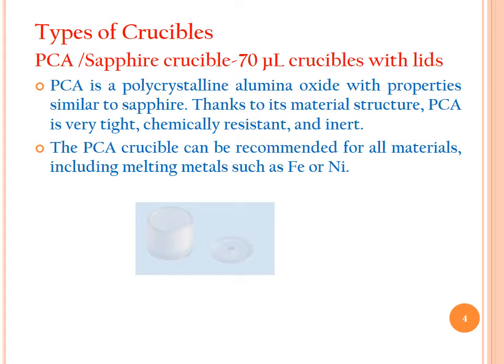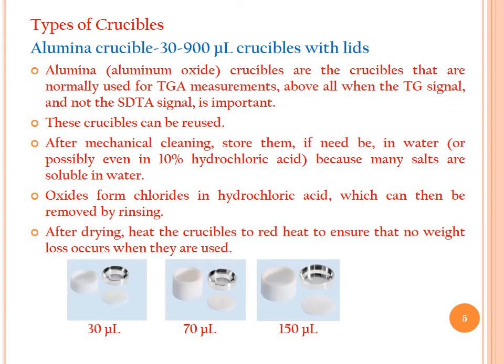Thanks to its material structure, PCA is very tight, chemically resistant and an inert material. The PCA crucible can be recommended for all types of materials including melting metals such as iron and nickel, because it is totally resistant to the metals. The melted alloy cannot react with this type of material. This is a very non-reactive material.